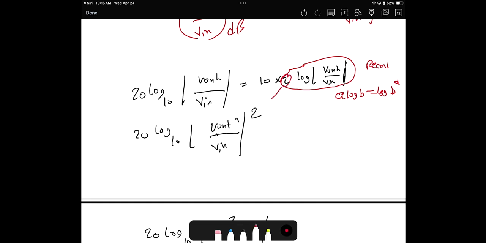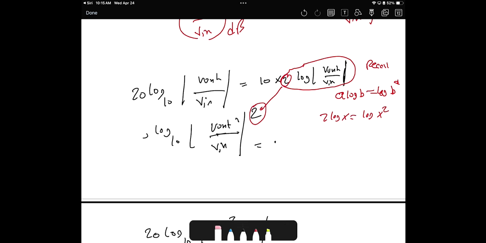So we converted this to be a square. So 2 log x, for example, will be log x squared. That's what I mean. Then you can distribute the square to be here.